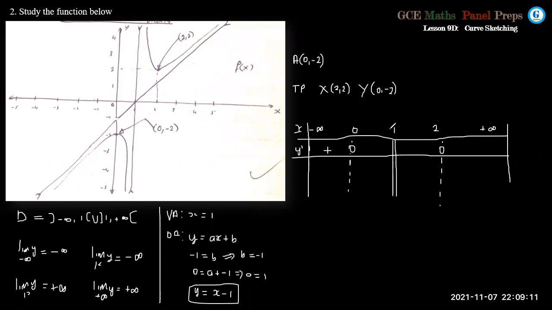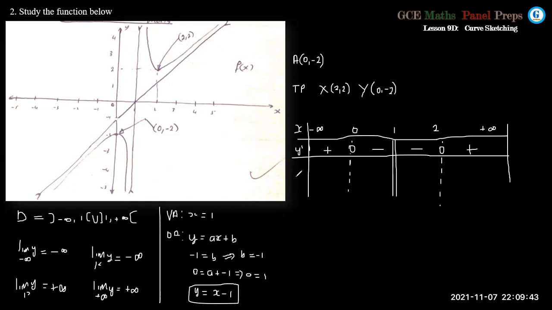Then from 0 to 1, we are now going down, so it's decreasing. From 1 to 2, it is also going down, descending. And from 2 to positive infinity, the curve is going up rapidly. It's positive.